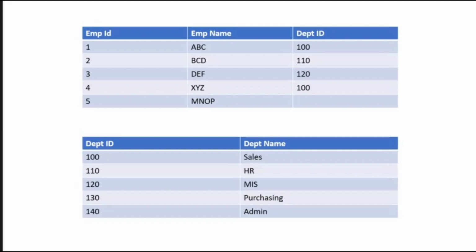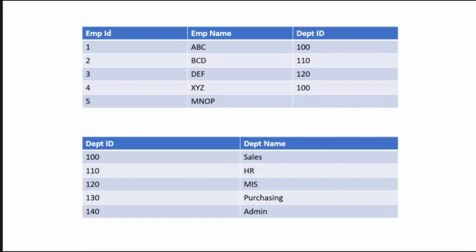So if I have two sets of tables in which I have a primary key like this, which in this case is the department ID, and I take it and go to another table, then I can refer to the department ID here. So this is the relational concept that is used here.